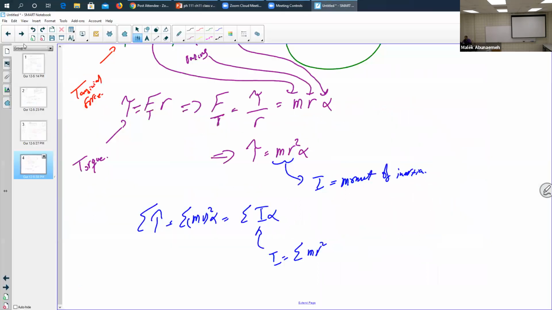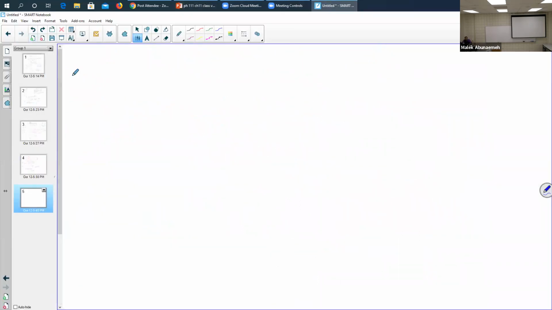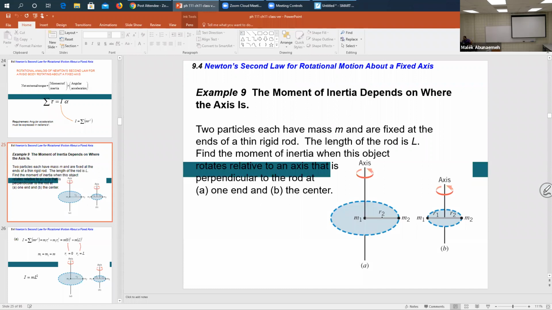So let me go ahead and open up a new page. For the first one, part A, let me just go ahead and draw this. You've got a rod, and M1, M2 at the ends, and we're going to call this R2.